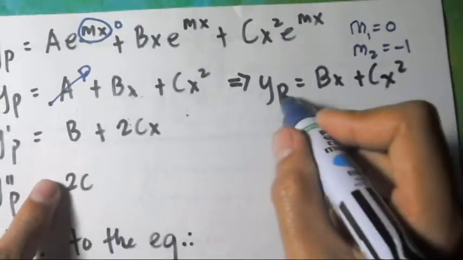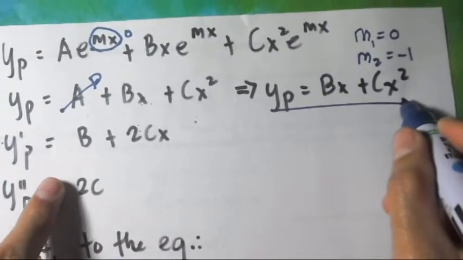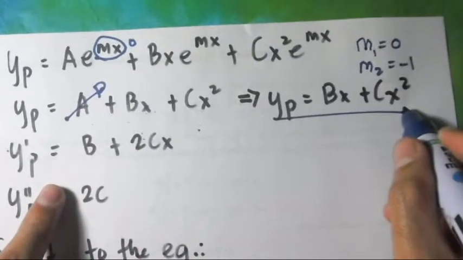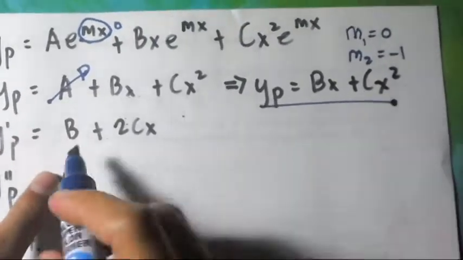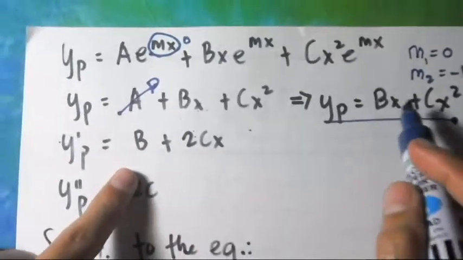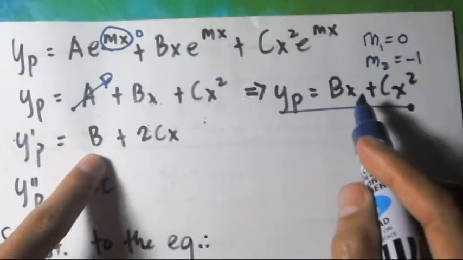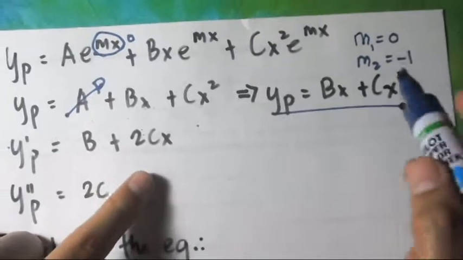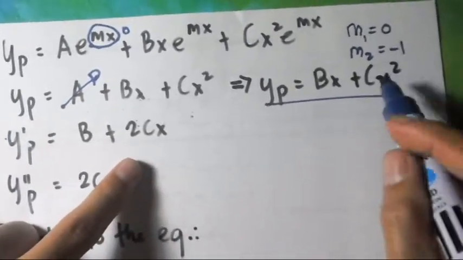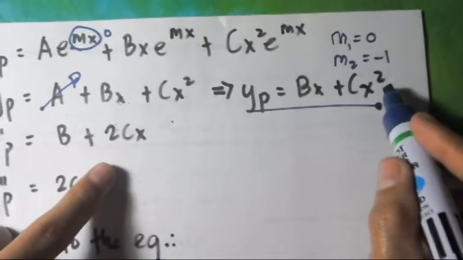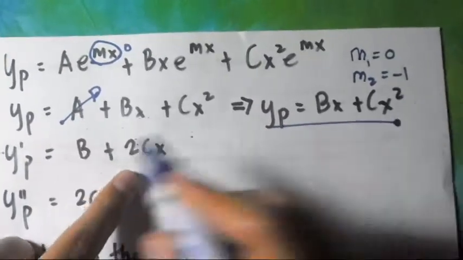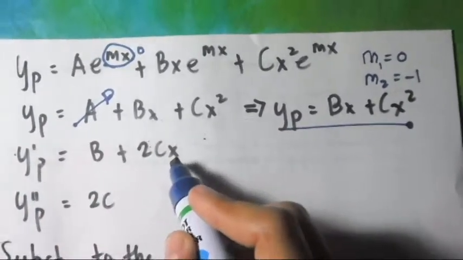And now, by taking the derivative, the derivative of Bx is B plus the derivative of Cx squared, which is 2Cx.